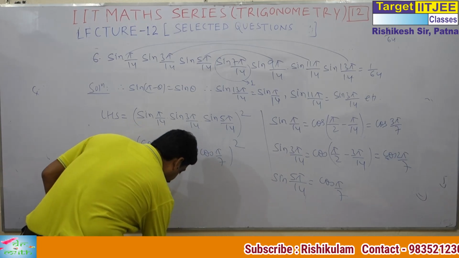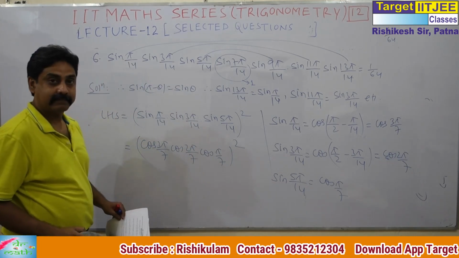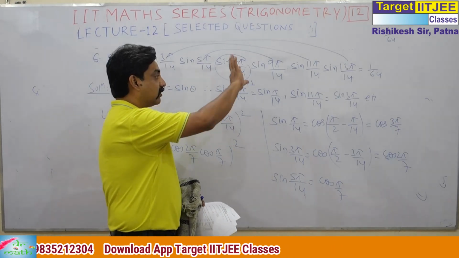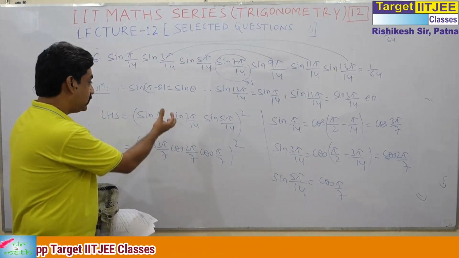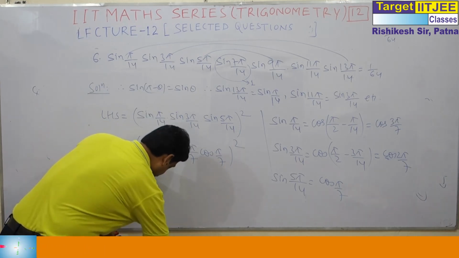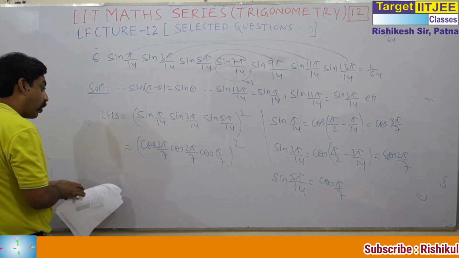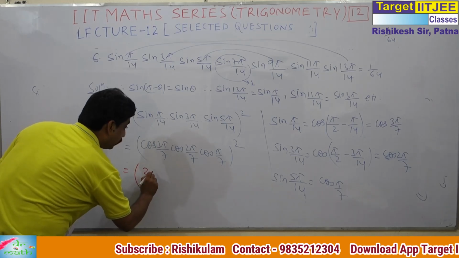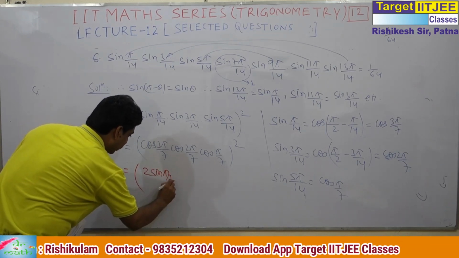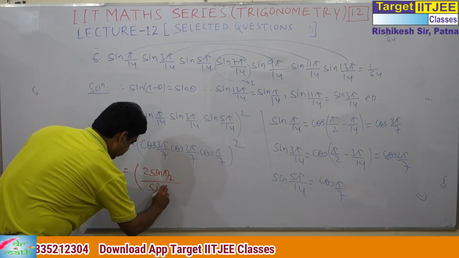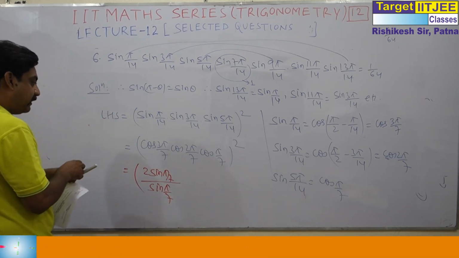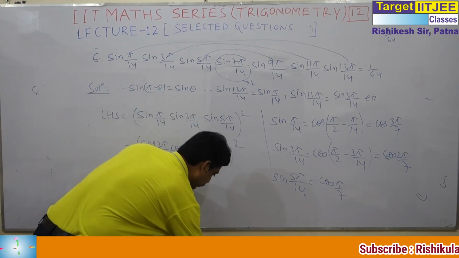Not everything will go according to plan. Sometimes you have to go just out of plan. What? I have changed sin into cos. Now I will do this step. I think you have done it. 2 sin pi by 7, याद आ रहा है ना? 2 sin pi by 7 into what?